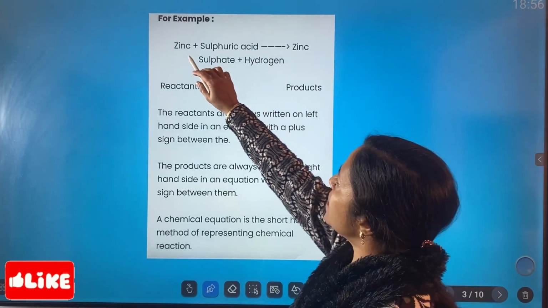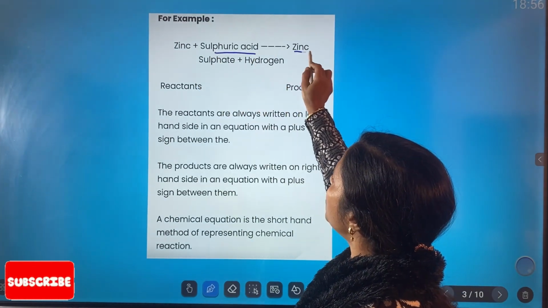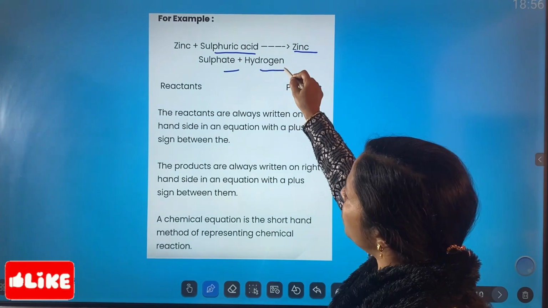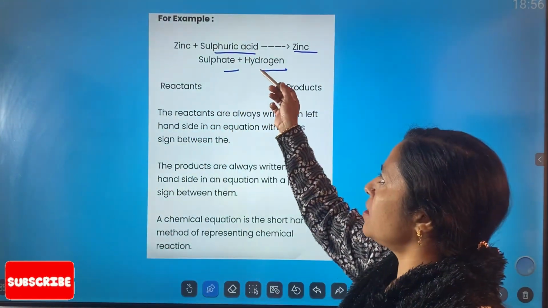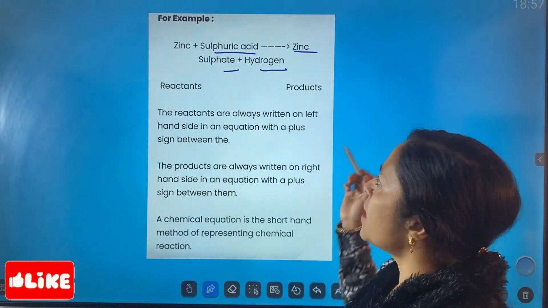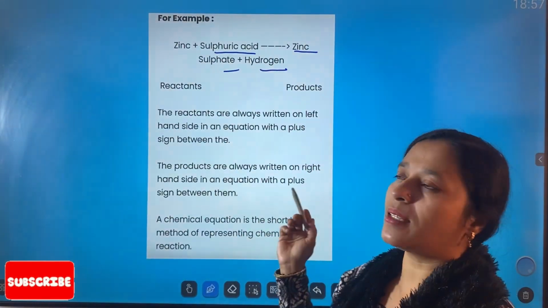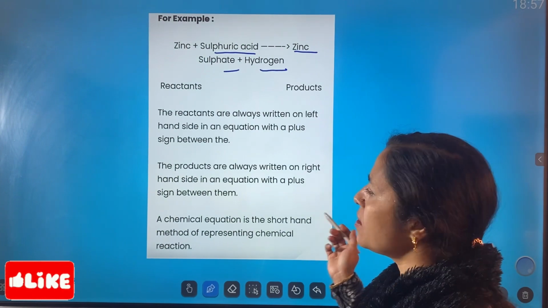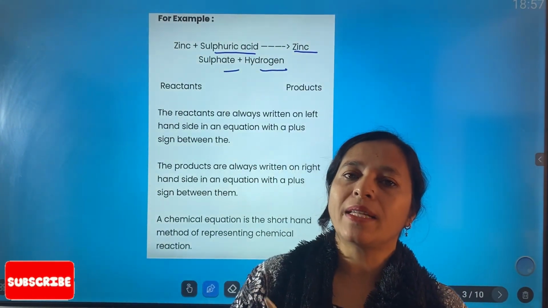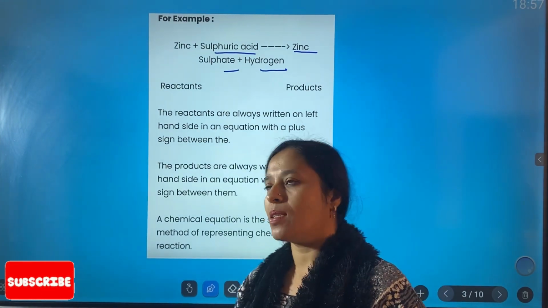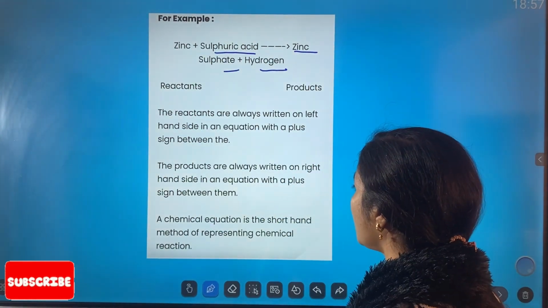What happens when zinc and sulfuric acid react to produce zinc sulfate and hydrogen? So in this equation, zinc and sulfuric acid are the reactants, and zinc sulfate plus hydrogen are the products. So according to this equation, the reactant should be written on the left side and the product should be written on the right side.